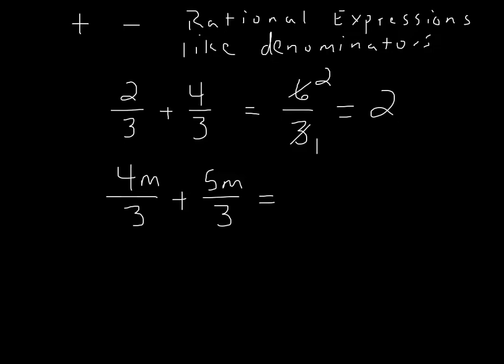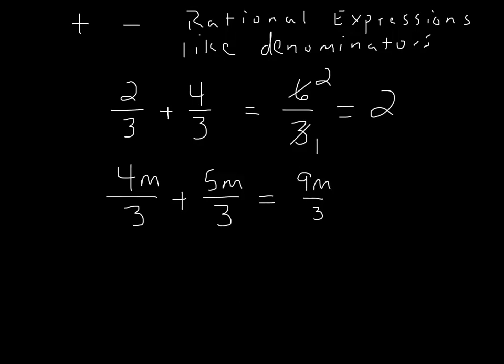And basically, our denominator here is exactly the same as we had right above, right? So denominators are the same, so the denominator stays the same. And then you just take your sign and apply that to the numerators, right? So you got 4m plus 5m. So 4m and 5m's, that's a total of 9m's.